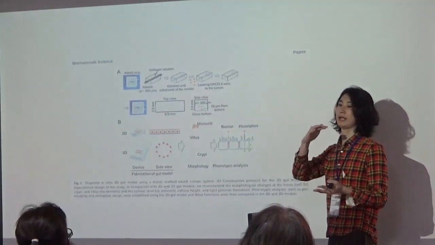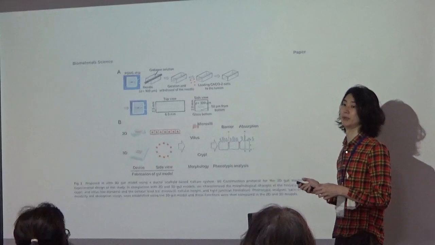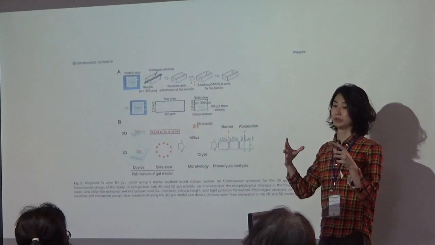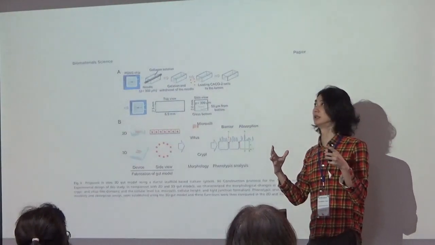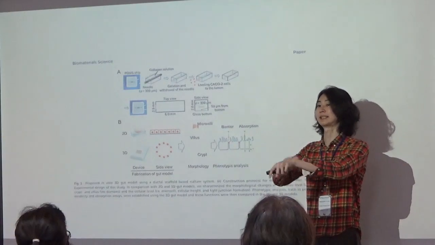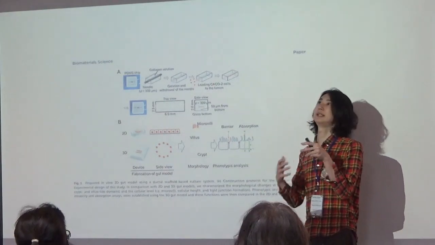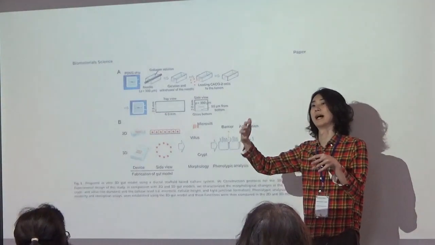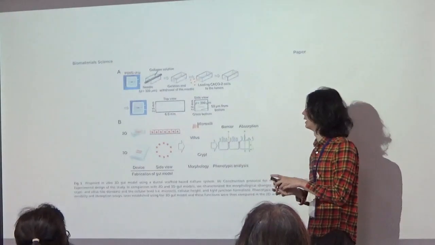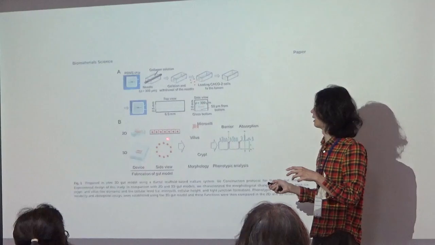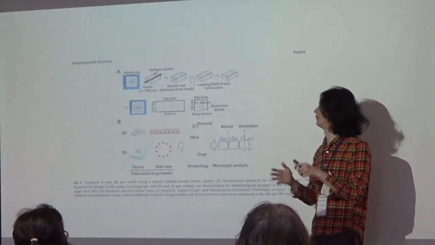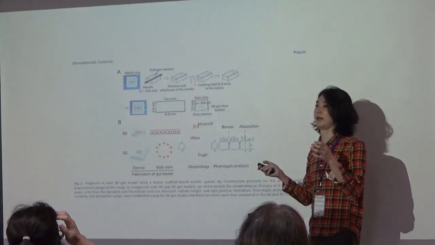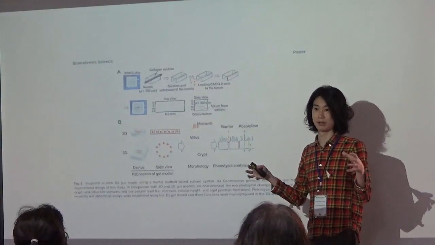We can make multiple layers using a flat-plane culture system, because multilayer cells are usually observed in skin and vagina, where the epithelium is exposed to the air. In a 2D culture system, we can divide the bottom side and the top side and control the environment of each.